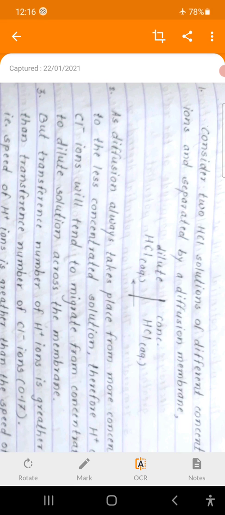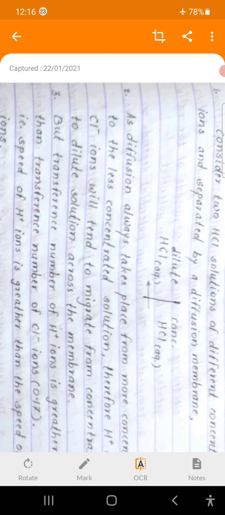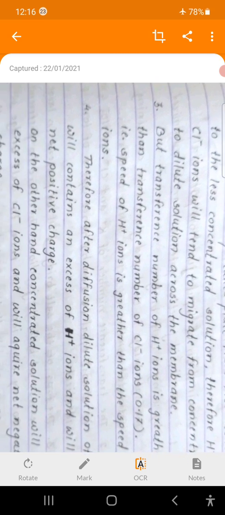H plus ions are faster movers, their speed is more than that of Cl minus ions, and therefore H plus ions first reach the dilute solution and Cl minus ions remain in the concentrated solution.